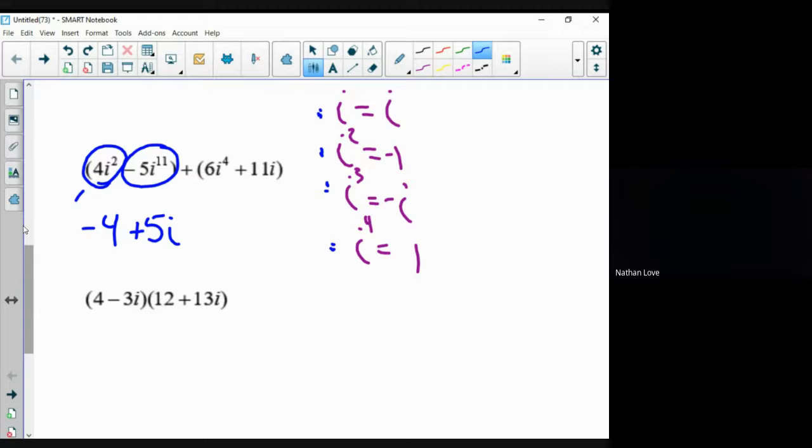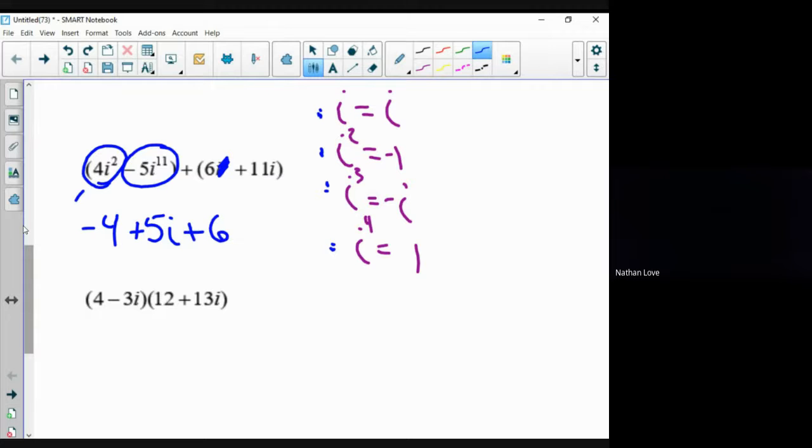Questions on that? You see that, Megan? So, and we have 11 on it, then it's going to be a -i, so it's going to switch the sign and keep the i. This one has a 4. What's i to the 4th equal to? 1, correct? 1 times any number is still that number. So this right here just makes the 4i disappear. So if you've got an i to the 4th, it kind of just goes away.